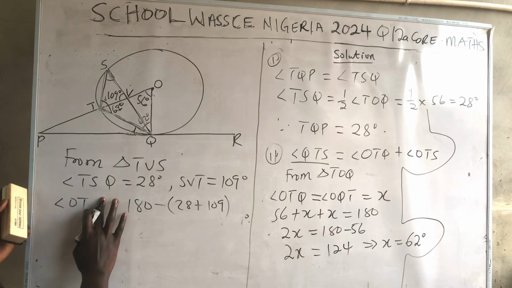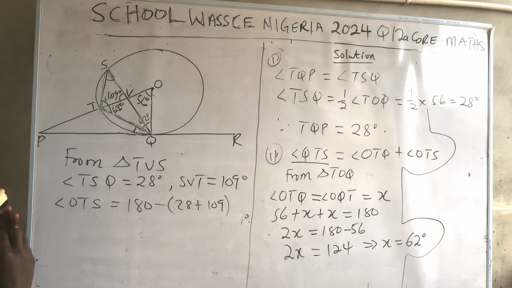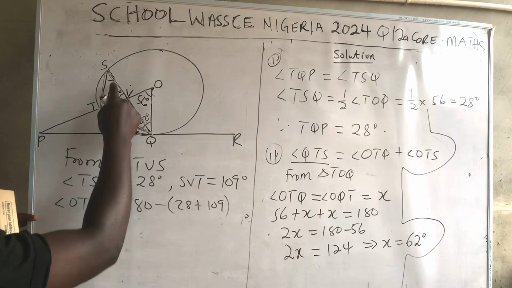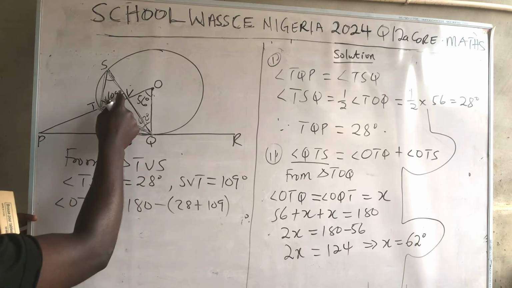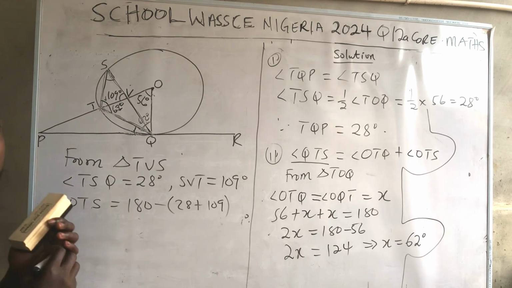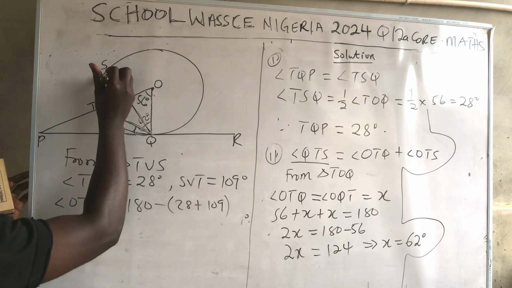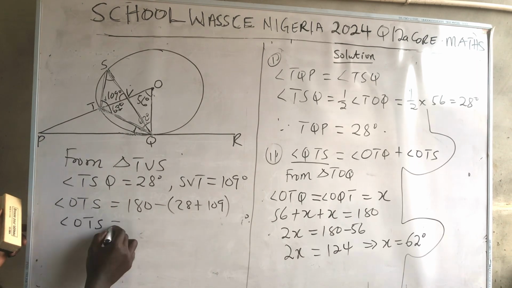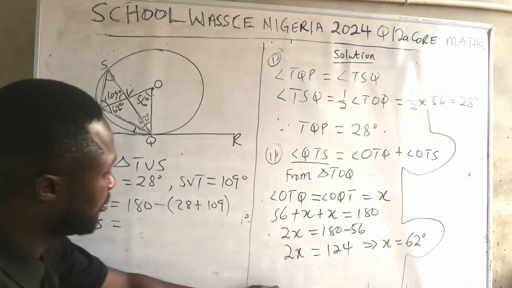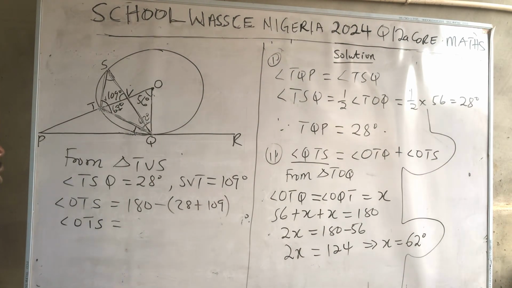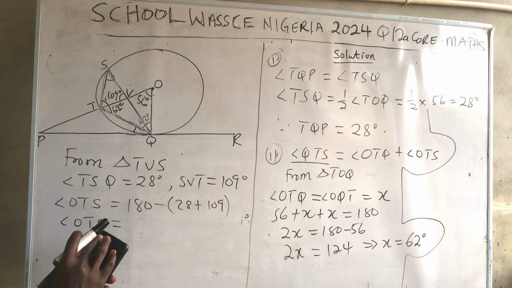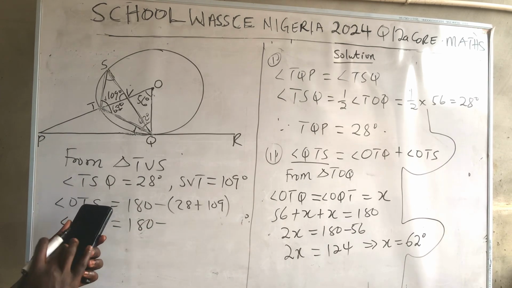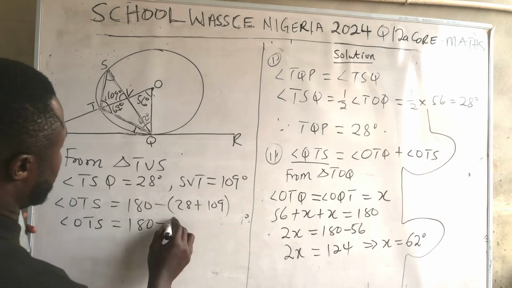So what will be our angle OTS? 28 plus 109 will give us 137.